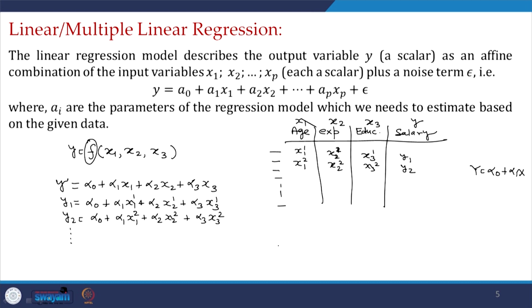In that way, suppose I am having the data of n employees. Finally, I am having the nth equation, which is alpha 0 plus alpha 1 x 1 n plus alpha 2 x 2 n plus alpha 3 x 3 n.